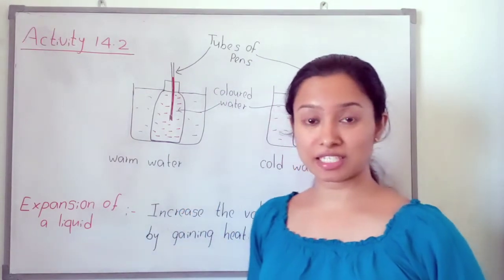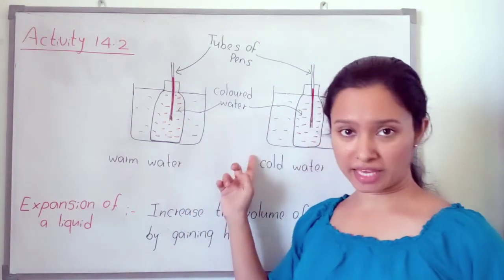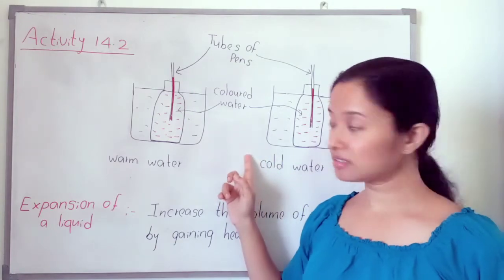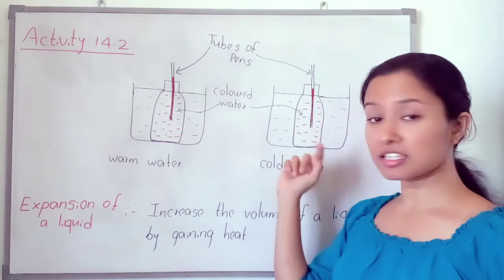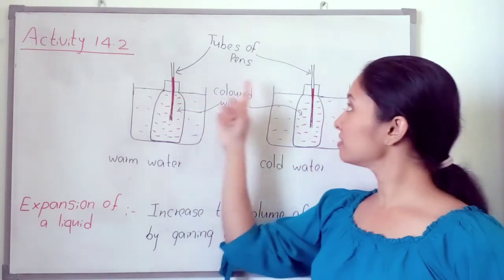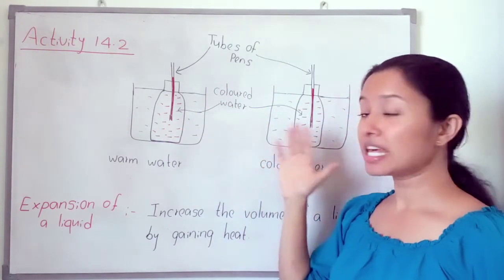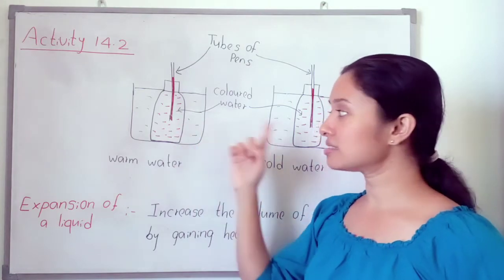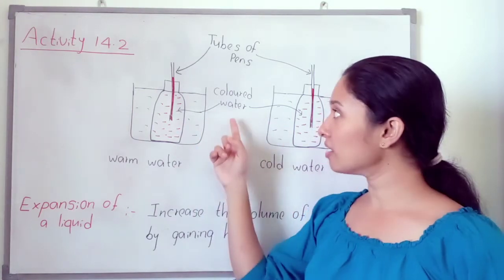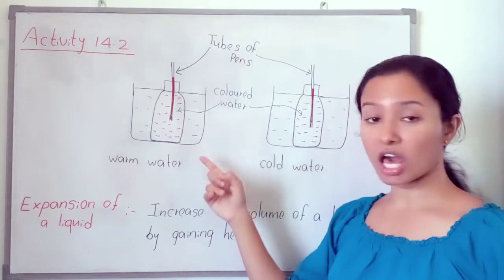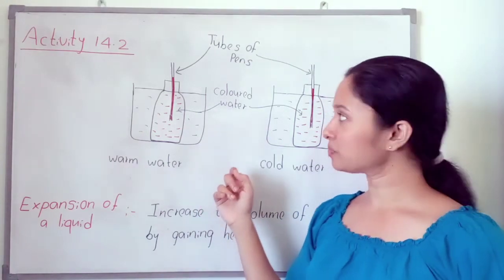Here for the activity we need two beakers, then two glass bottles with rubber stoppers. Then you have to fill these glass bottles with colored water. Here they have used red color.